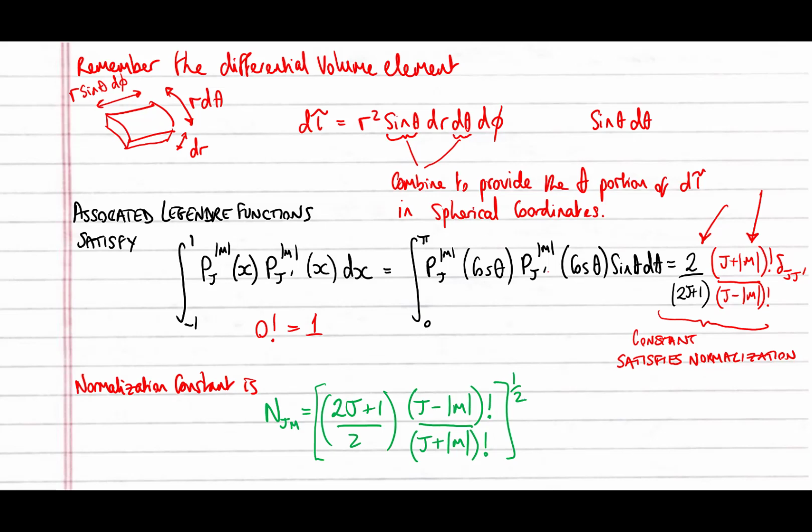So what we've done is effectively, there are two functions in here multiplied by each other, so if this expression on the right hand side satisfies the normalization condition, then we've got to take the square root of it and bring it back over the other side to put this constant in front of our associated Legendre function, so that when we square those terms and integrate from pi to 0, it gives us that one term.